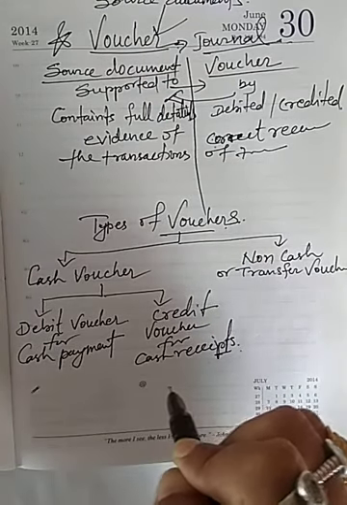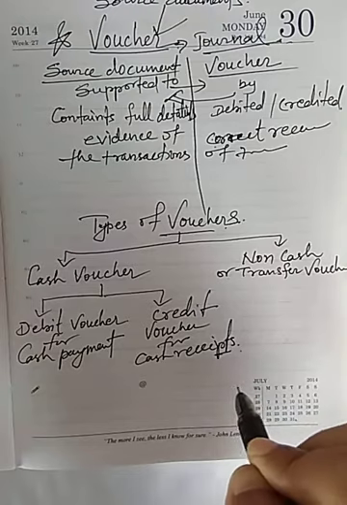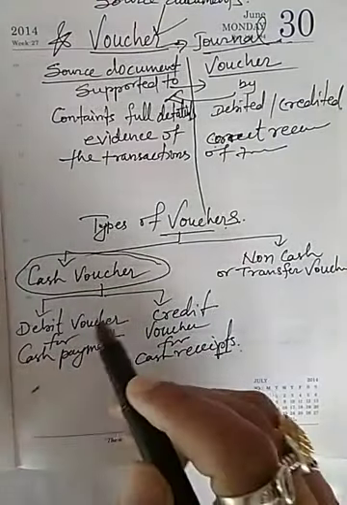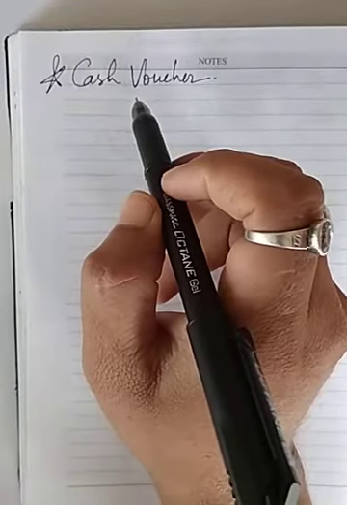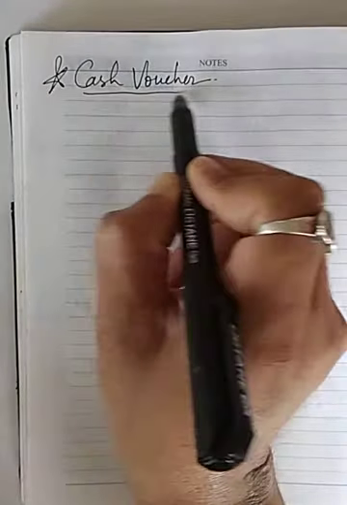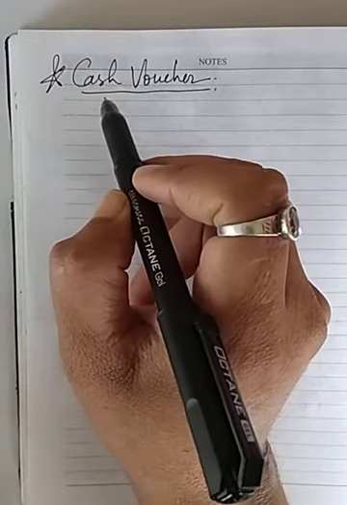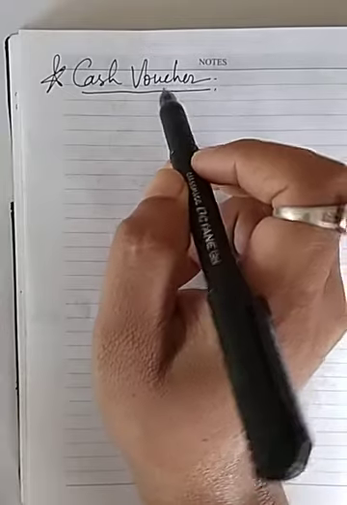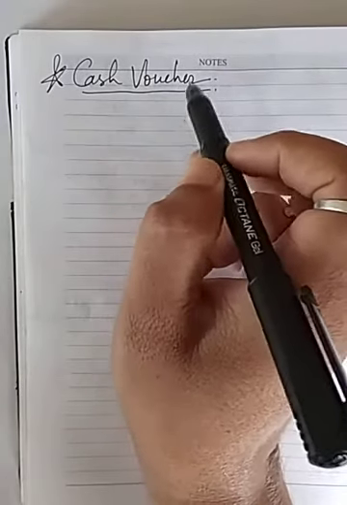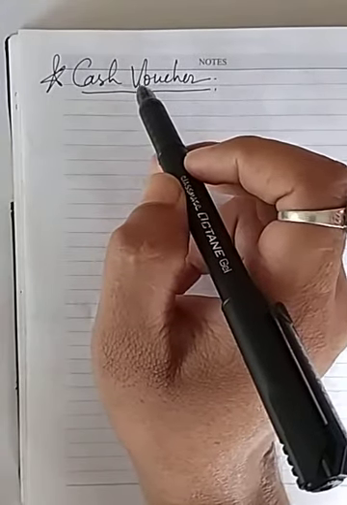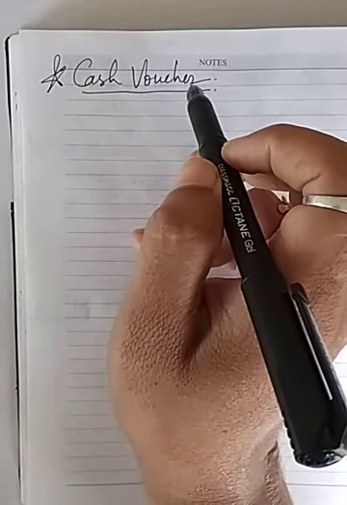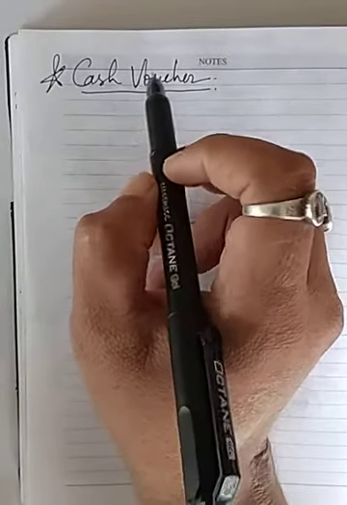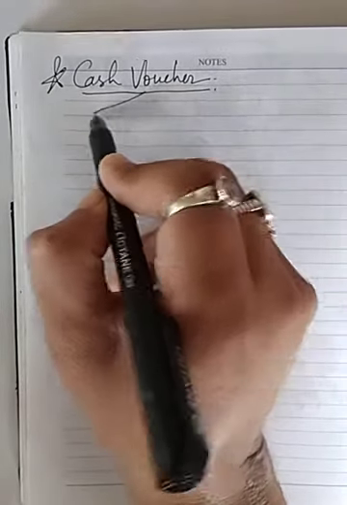Now I am going to explain about cash vouchers. Cash vouchers are prepared for cash transactions, that is, cash receipt and cash payment. These are of two types: debit voucher and credit voucher.